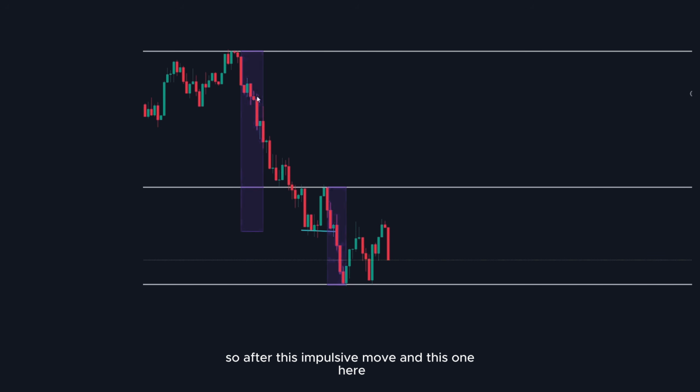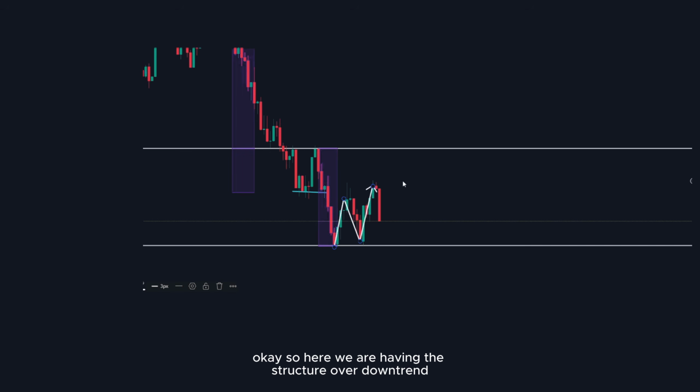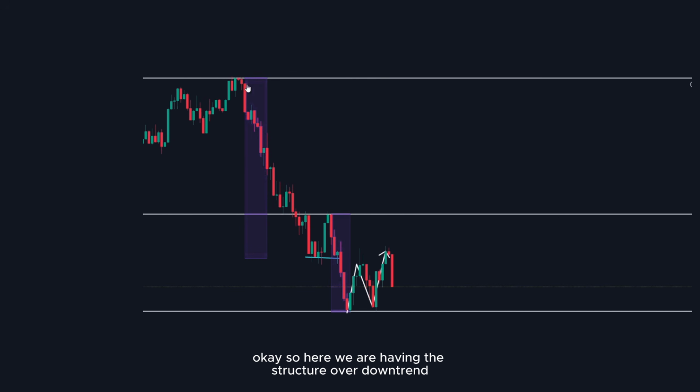So after this impulsive move and this one here, we are getting a pullback at this zone here.